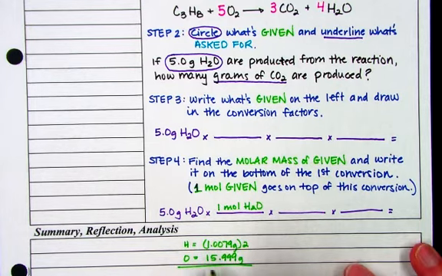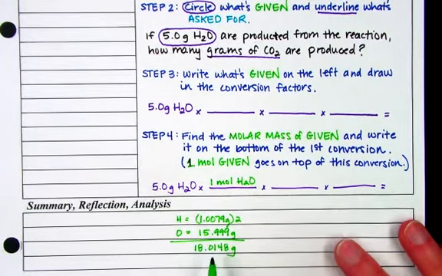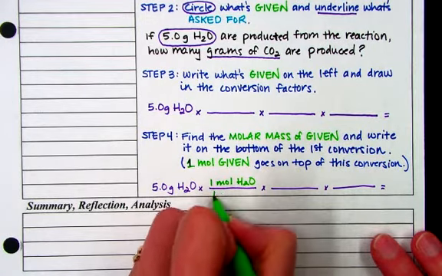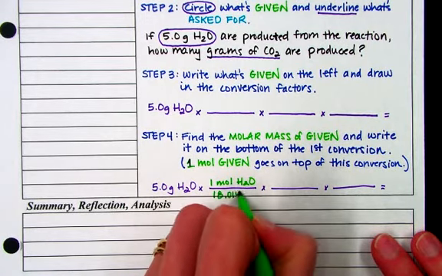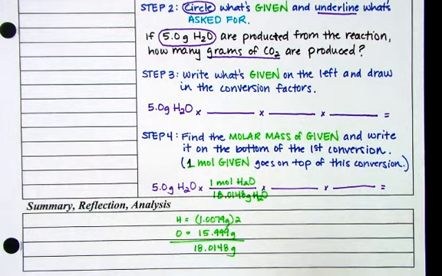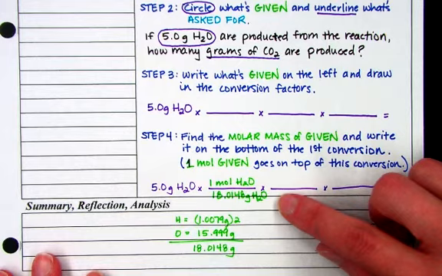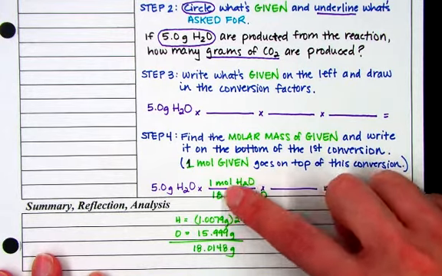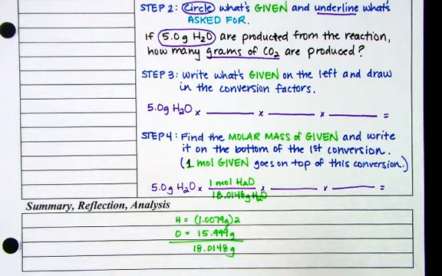When I add these up, I get 18.0148 grams. This number here, 18.0148 grams, goes here. H2O. Remember, when these have the same formula, the number 1 always goes with the mole.